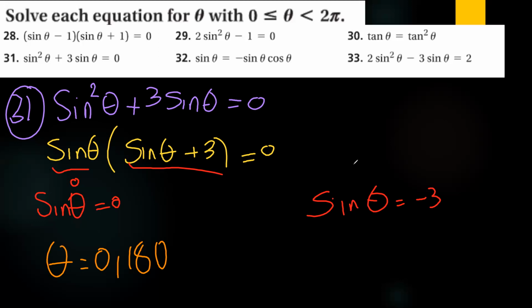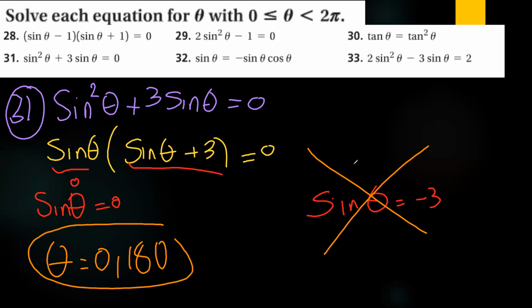It's impossible for the sine to be greater than 1 or less than negative 1. So for this one there is no solution. Only the angles that satisfy this equation are theta equal to 0 and 180, or in radians, 0 and pi.